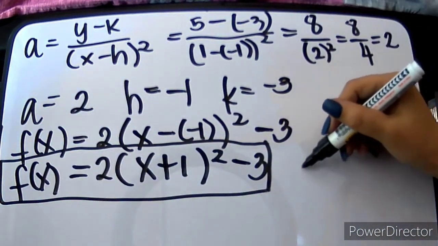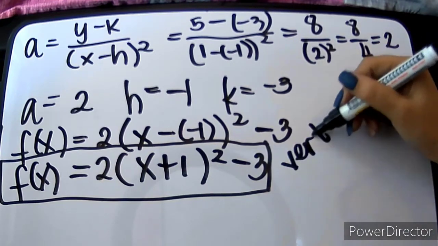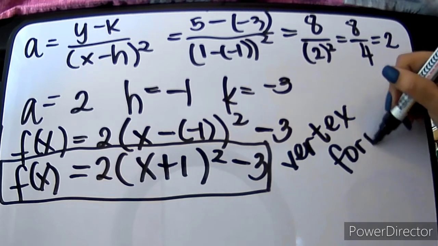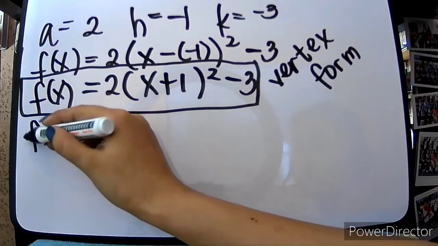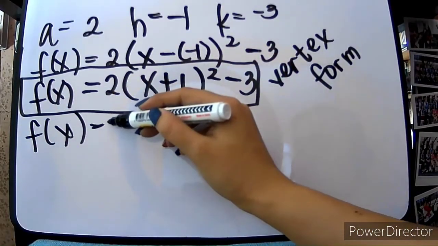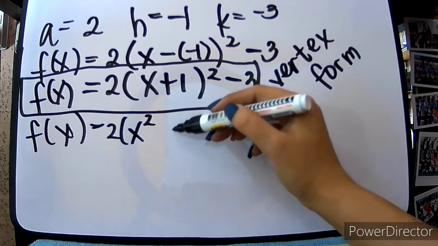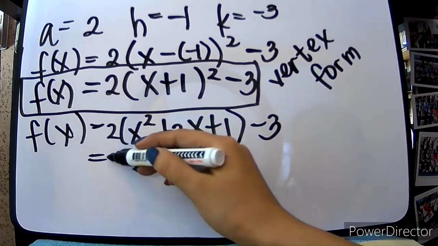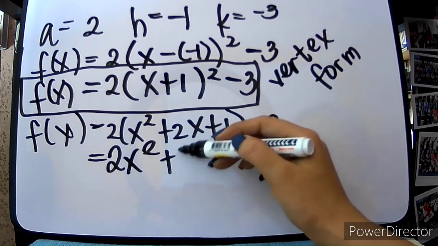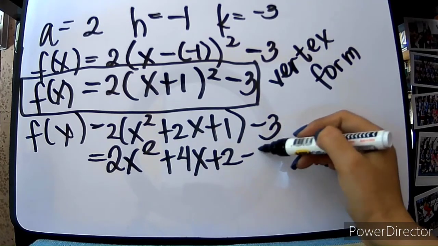So this is what we call the vertex form. But sa ginagamit kong book, ang hinihingi nila ay the standard form, or sometimes they call it general form. So we need to expand first itong naka-square, which is ang ating perfect square trinomial, and then distribute natin yung ating a, which will give us 2x squared plus 4x plus 2 minus 3.